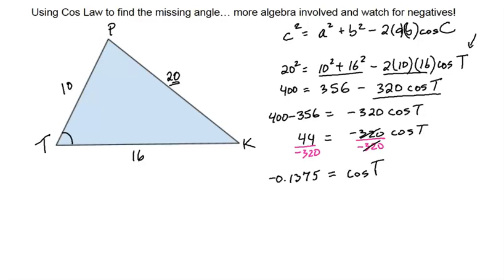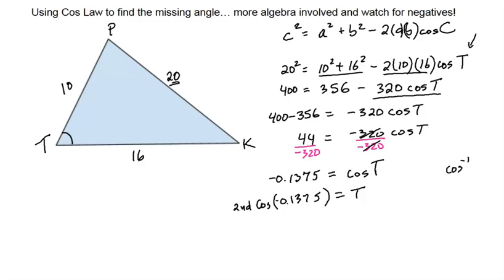You need to get the t by itself by doing the inverse cos, which on the calculator is the cos to the negative 1 button. But basically we go second cos of this decimal number, negative 0.1375. And that's going to give us the value for t.